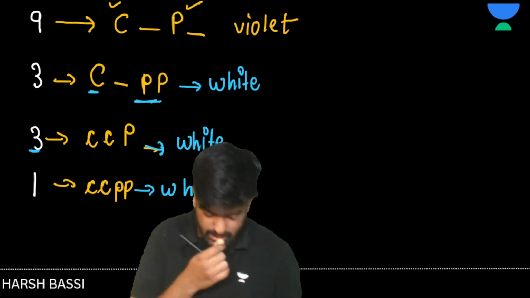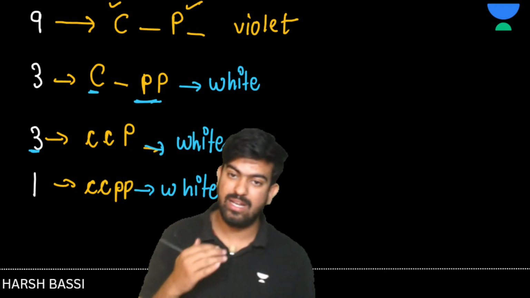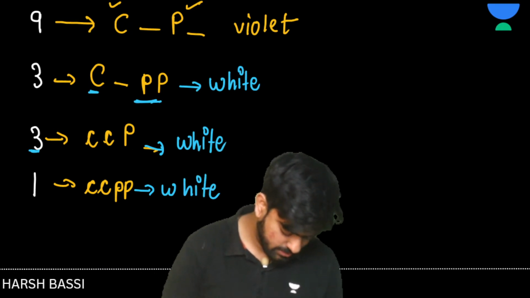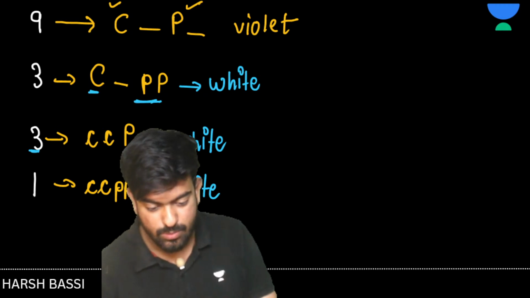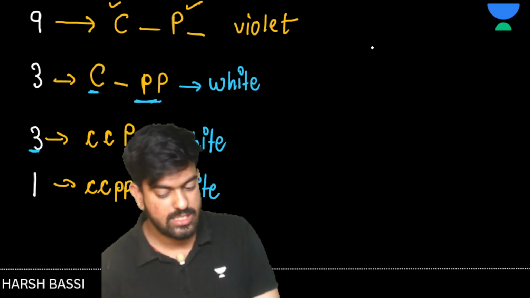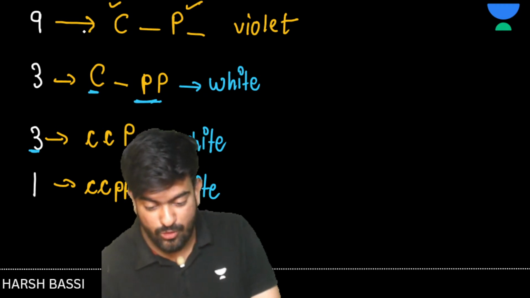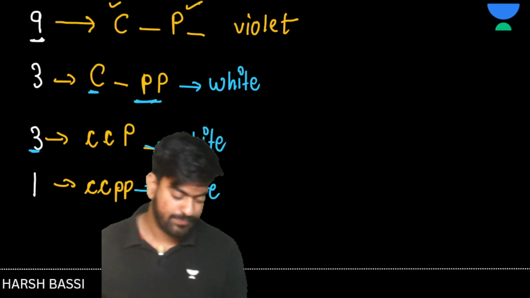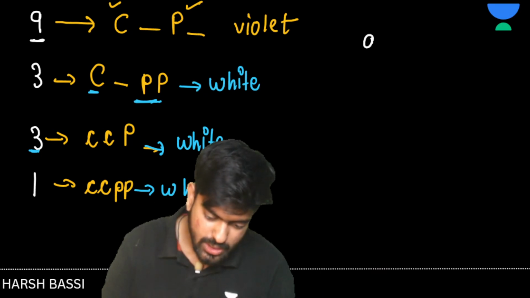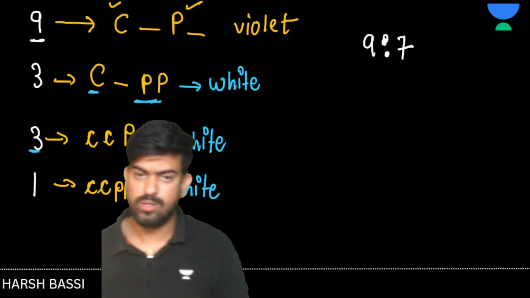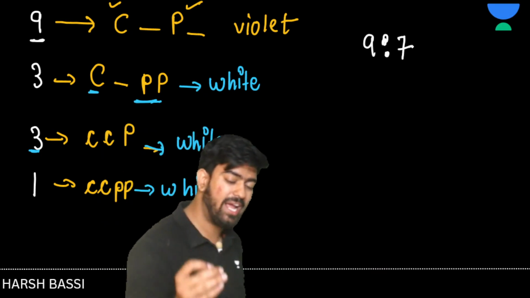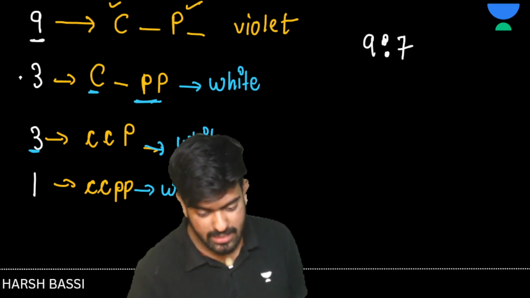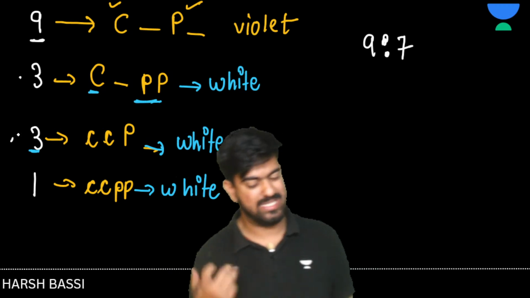See, for the violet, how many violets are there? 9 violets are there, rest all is white. Yes or no? So can you write here 9:7? Look once, 9 is violet and white is what? 3 plus 3, which is 6, plus 1, 7.